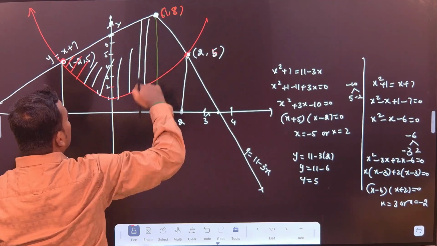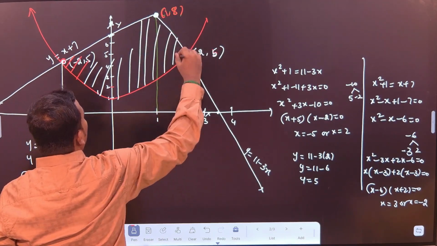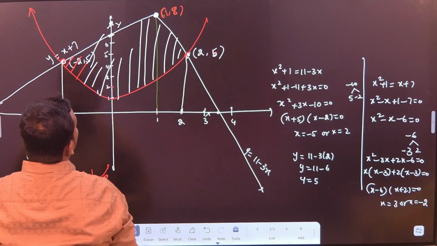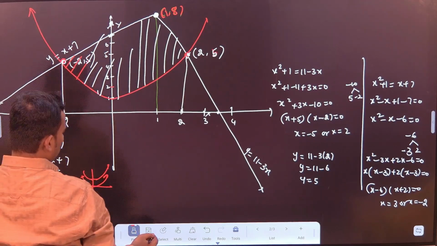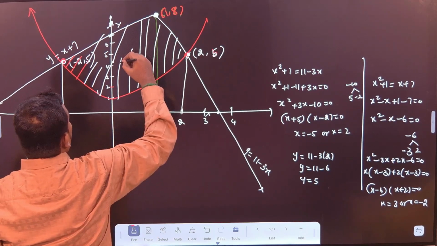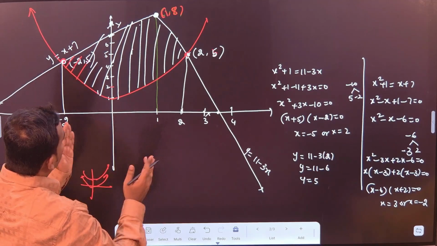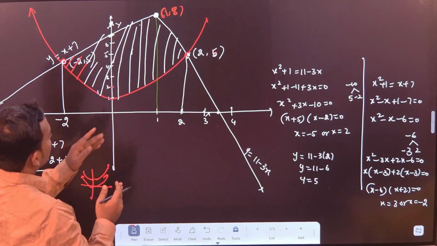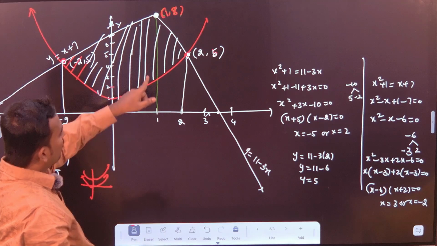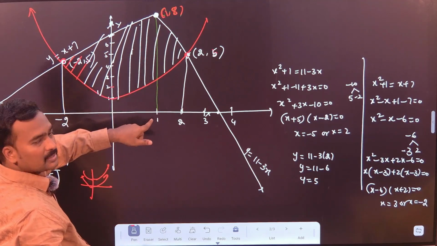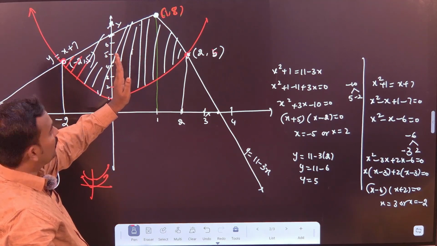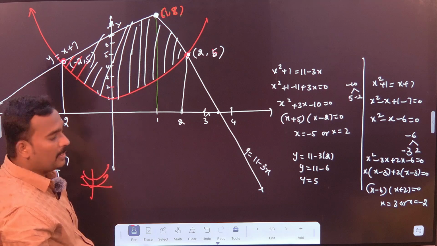Less than the minimum means this complete graph. But you have to divide the curve, because you can see both graphs intersect here at 1, splitting the graph into less than 1 and more than 1.